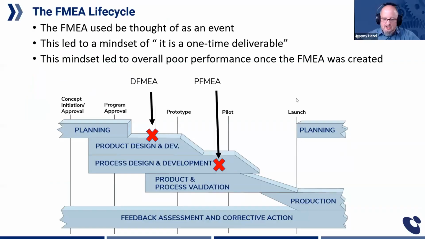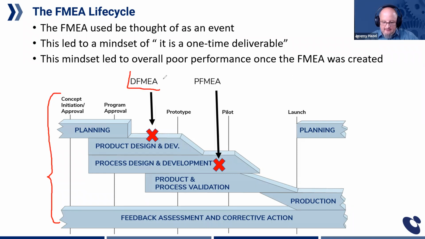All right, so the first thing that I want to share with you folks is the idea that the FMEA is a process, and I want to describe the FMEA life cycle. Now, historically, we used to think of FMEA as an event. So for those that are familiar with this diagram, this is the APQP flow.